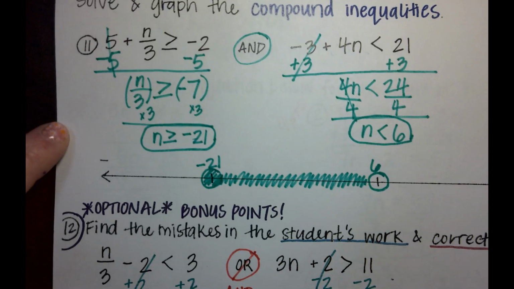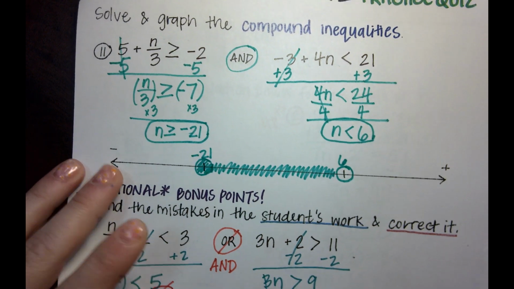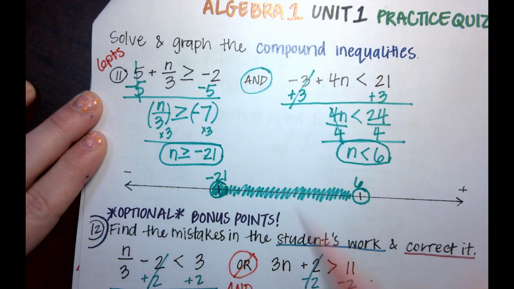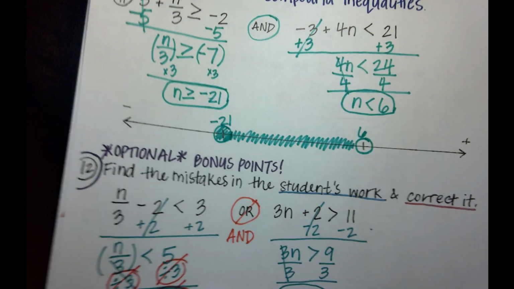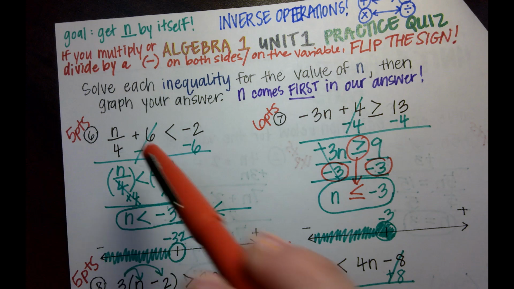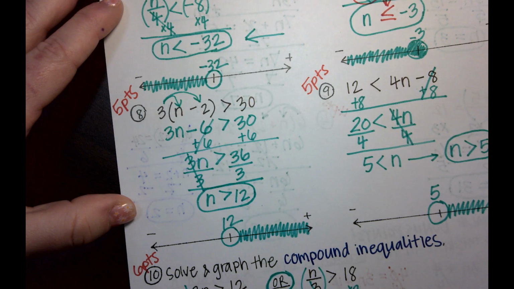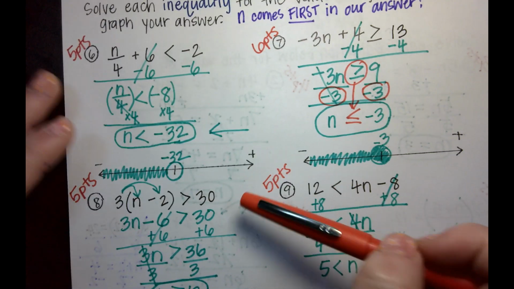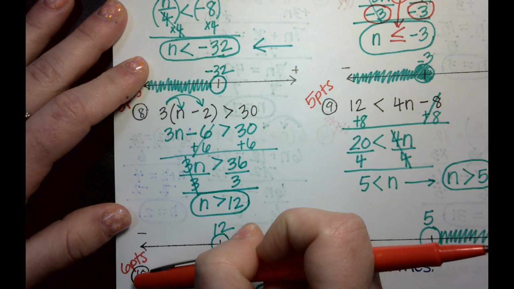Let me get the total points added up for y'all if you're curious. This one, I made the last one 6 points. So let's see. 6 plus, let's see, 5, 10, 15, 16, 17, 18, 19, 20, 21, 22, 23, 24, 25, 26, 27.